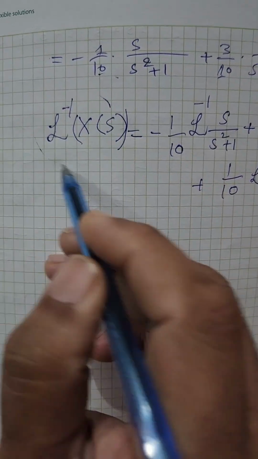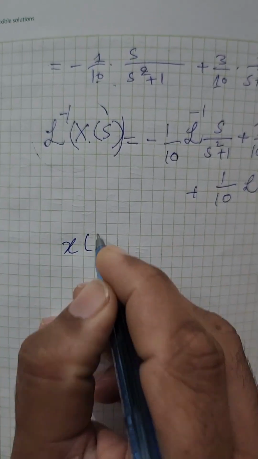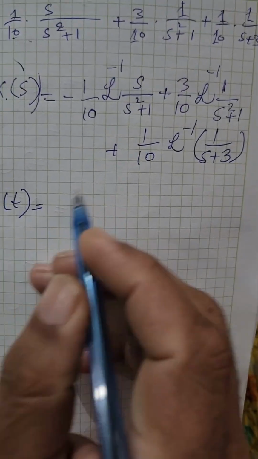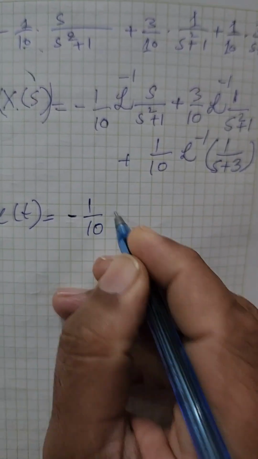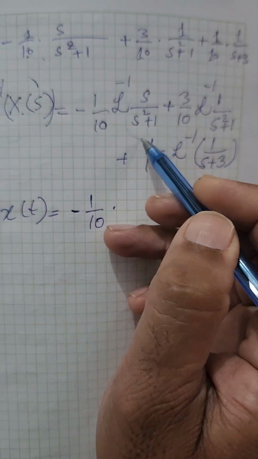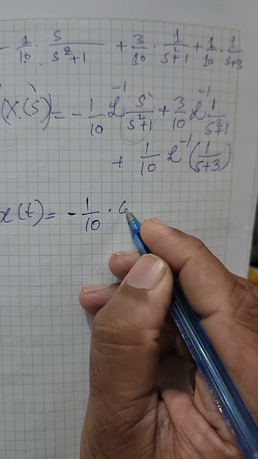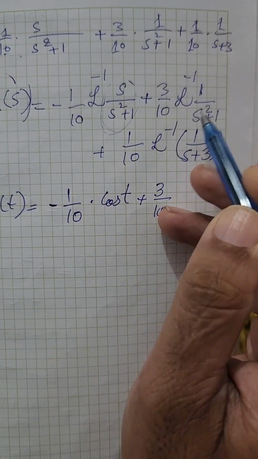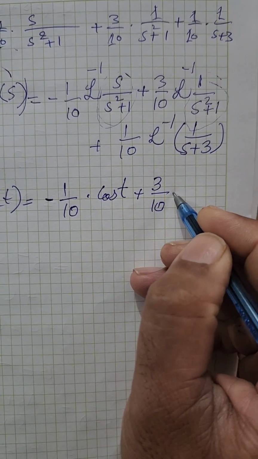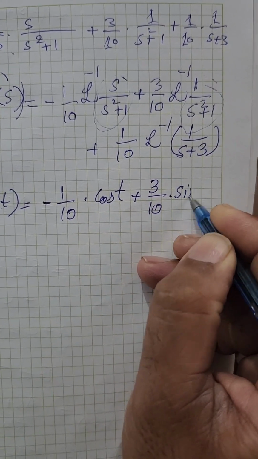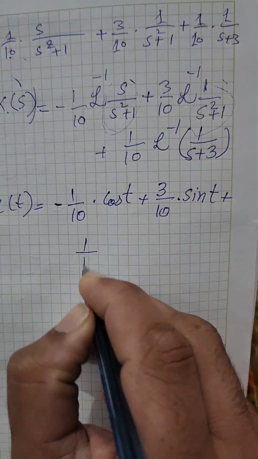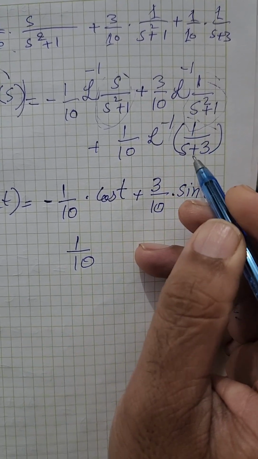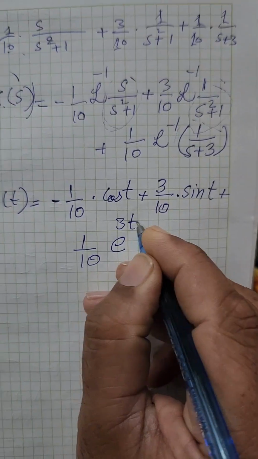So inverse Laplace of X of s is x of t, which equals minus 1 by 10 times cos of t, which is the inverse Laplace of s over s squared plus 1. This is the Laplace transform of sine of t, as we have seen in previous videos. And this is the Laplace transform of e to the power minus 3t. This is the required answer.